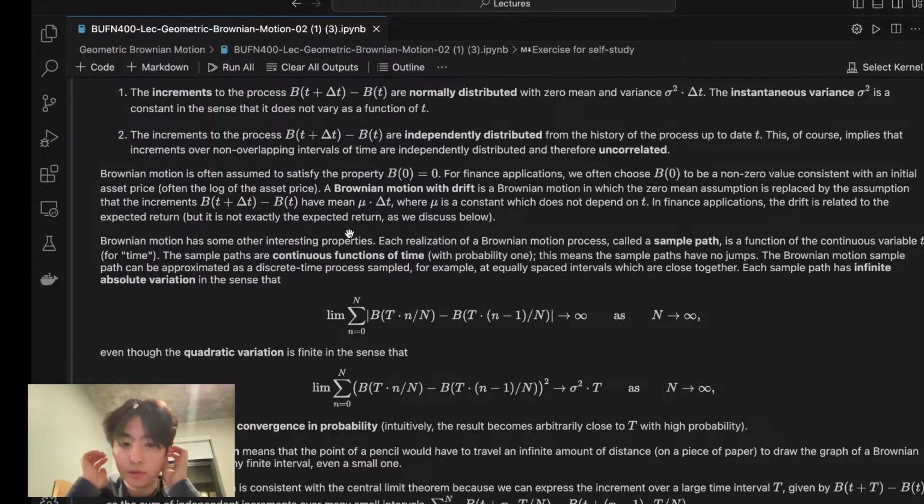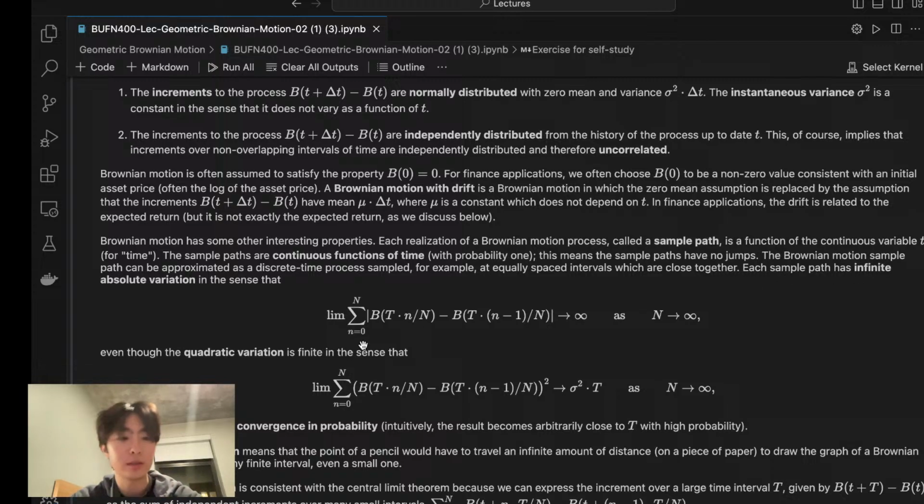Brownian motion has some other interesting properties. Each realization of a Brownian motion process is a function of the continuous variable t for time, as the sample paths are continuous functions of time with probability 1. This means the sample paths have no jumps.